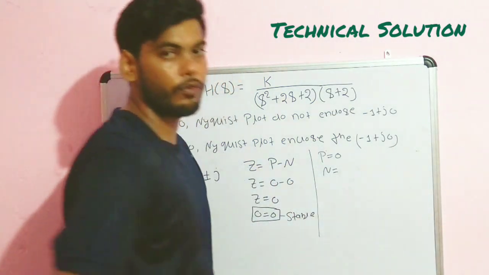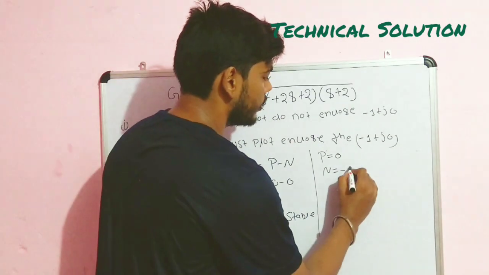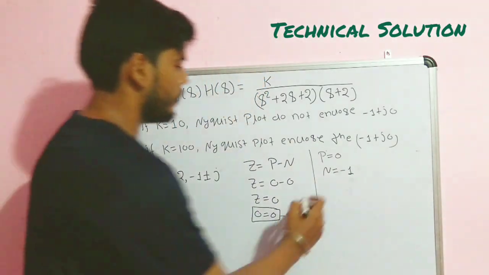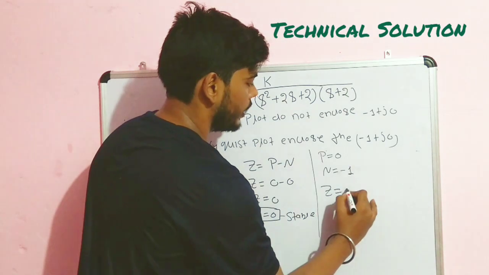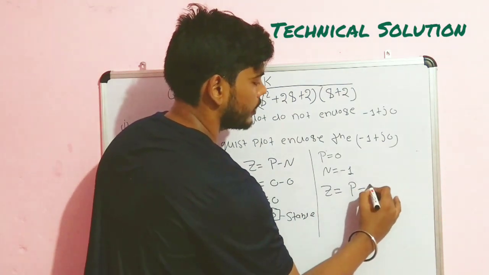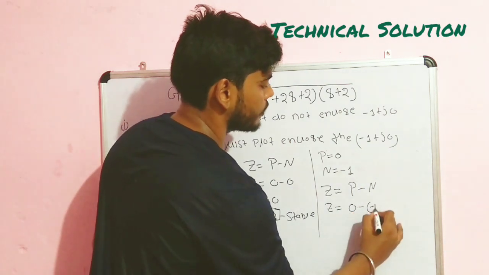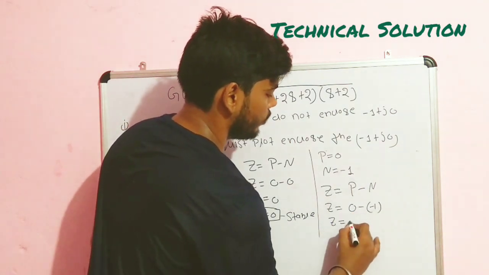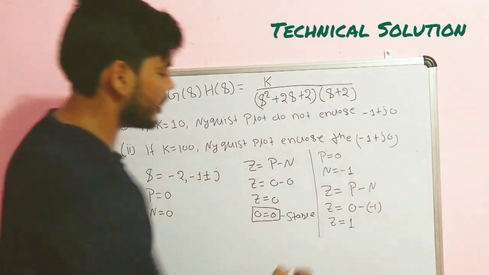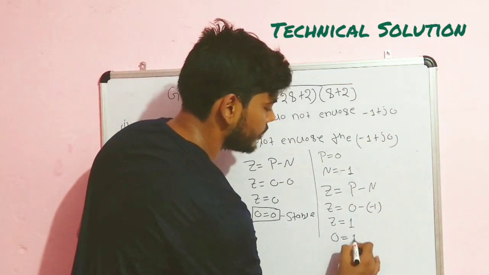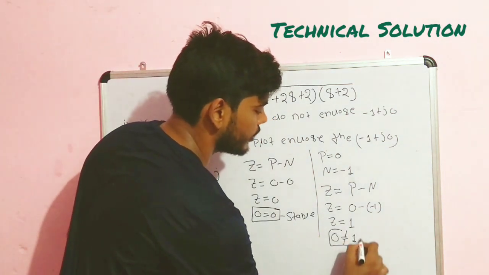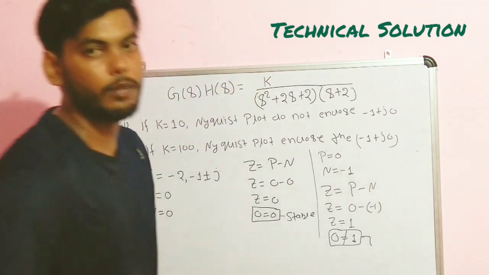So the value of N is equal to minus 1. So Z is equal to P minus N, so Z is equal to 0 minus (minus 1). So Z is equal to 1. The required value of Z is 0, but it is 1, so the condition is not satisfied. So the system becomes unstable.